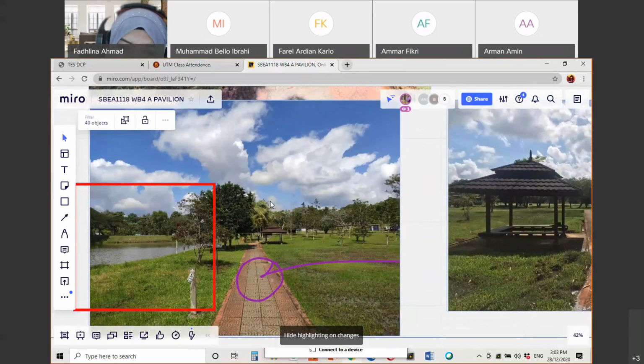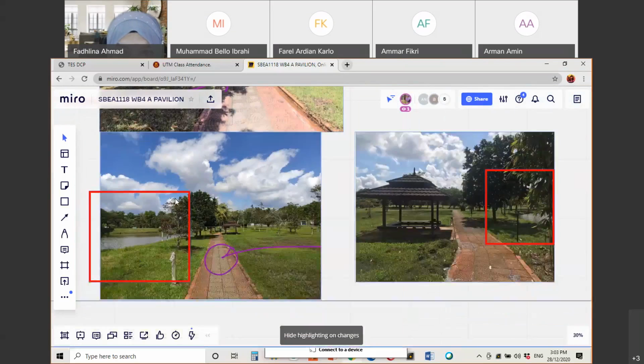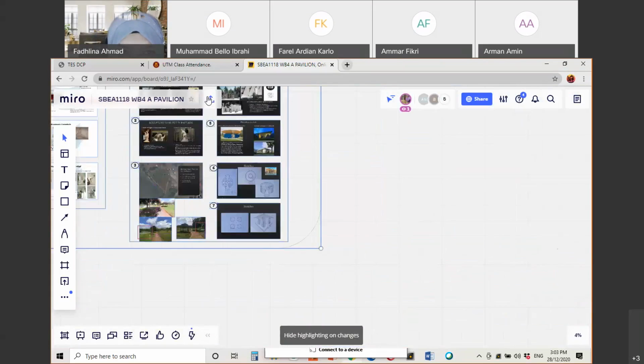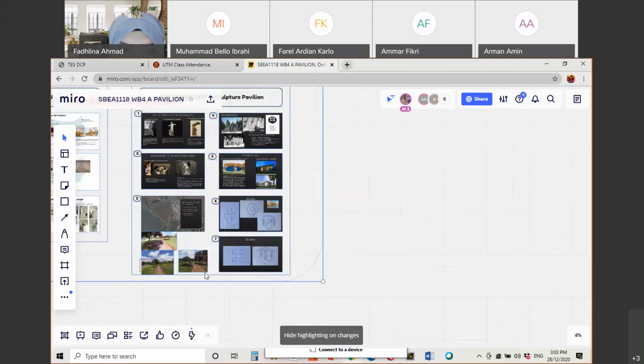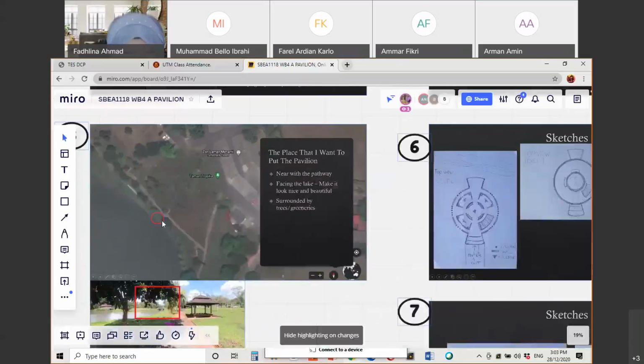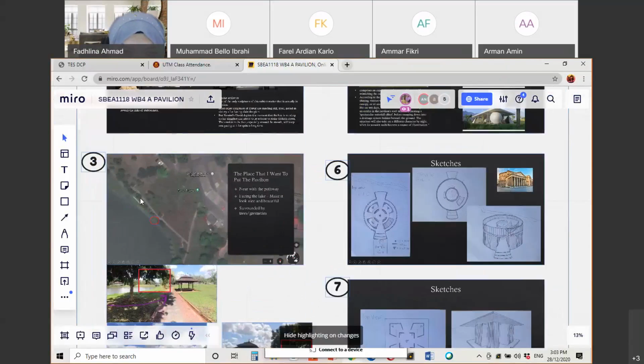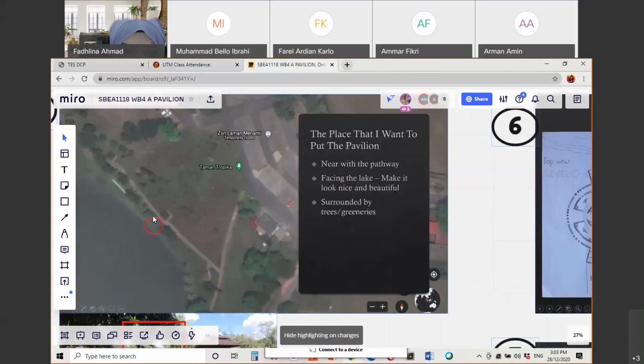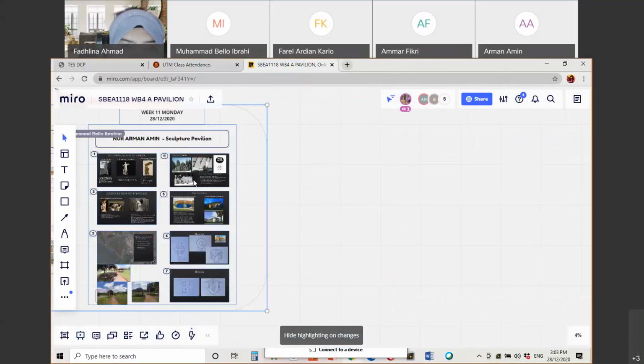If the area in front of the existing wakaf is enough to put my pavilion, I choose that one. Okay, that one can be decided later. The main area is already decided, and after you are quite firm about your design, it can be changed a little bit.